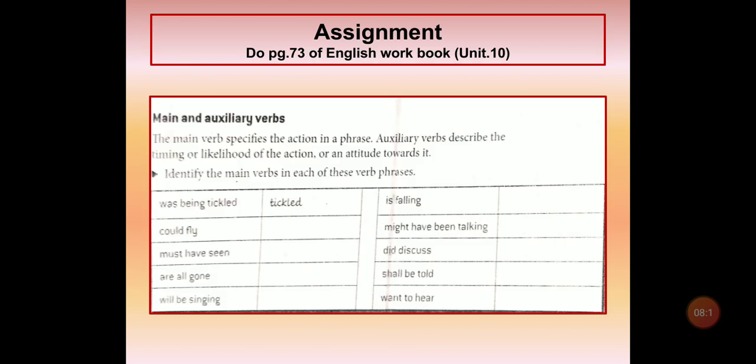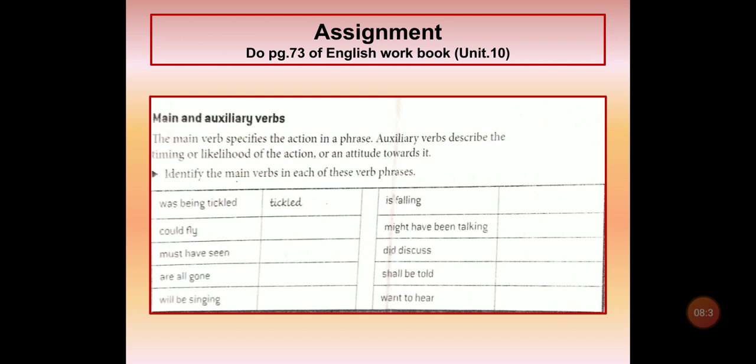Now we move forward to our today's assignment. You have to do page number 73 of your English workbook, and the unit number is 10. There are three questions given on this page that are all about the main verb, the auxiliary verb, and the modal verb.